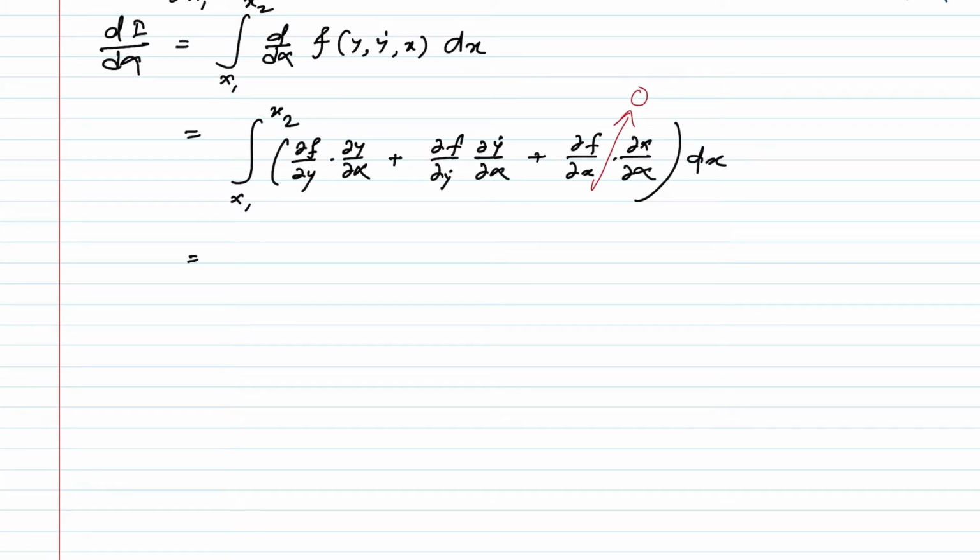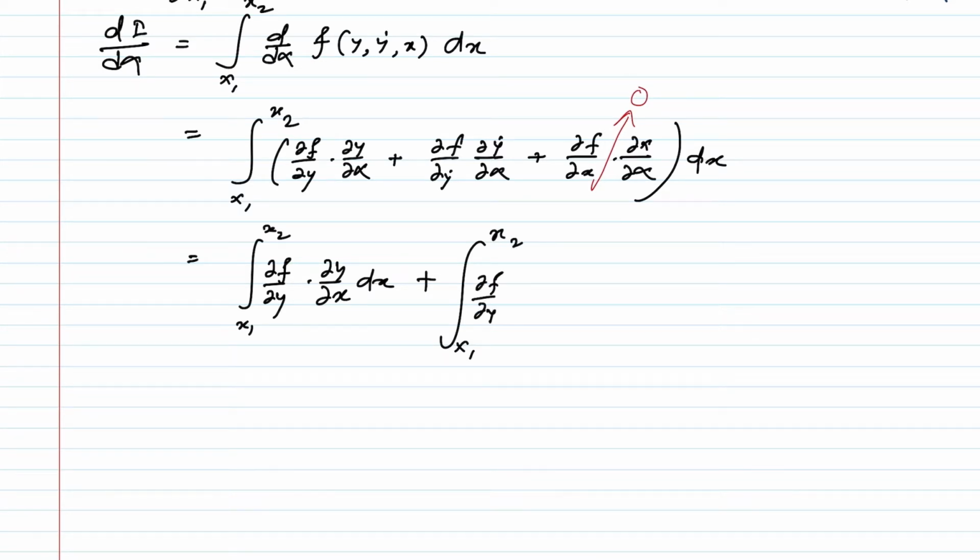So this implies the integral from x1 to x2 of del f by del y into del y by del alpha dx, plus we can separately write the integral from x1 to x2 of del f by del y dot into del y dot by del alpha dx. So we can write this way.